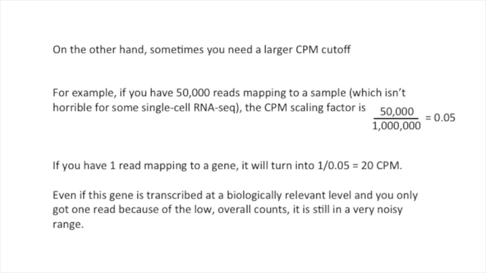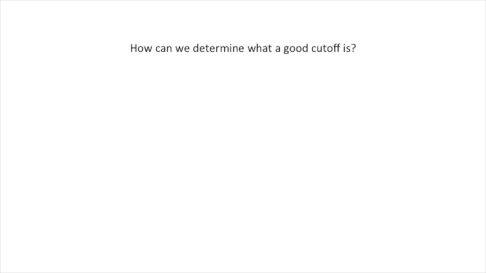Even if this gene is transcribed at a biologically relevant level and you only got 1 read because of the low overall counts, it is still in a very noisy range. Since CPM can change from dataset to dataset, how can we determine what a good cutoff is? Go with our gut?